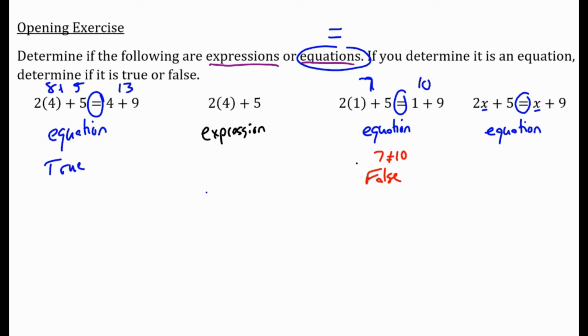I have no idea the value, so I don't know if this equation is true or false. When we solve an equation, we're figuring out what value makes it true, but right now I have no idea what it is. It is just a statement, 2x plus 5 equals x plus 9. It's not necessarily a true or false statement because we don't know what x is representing.